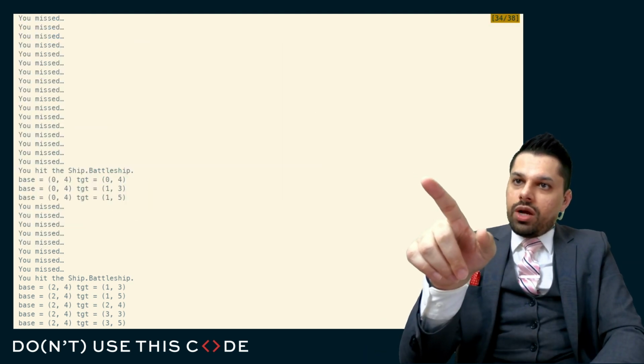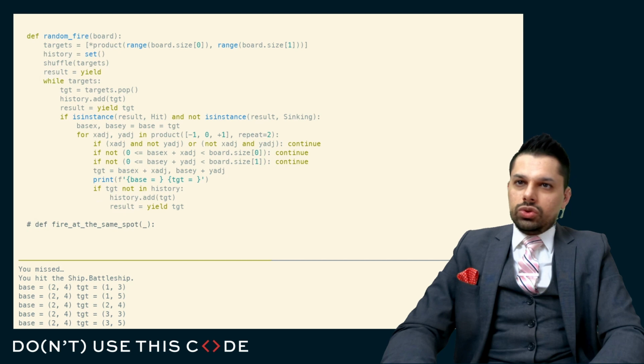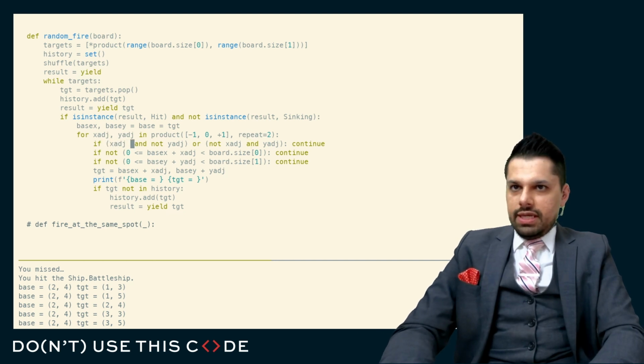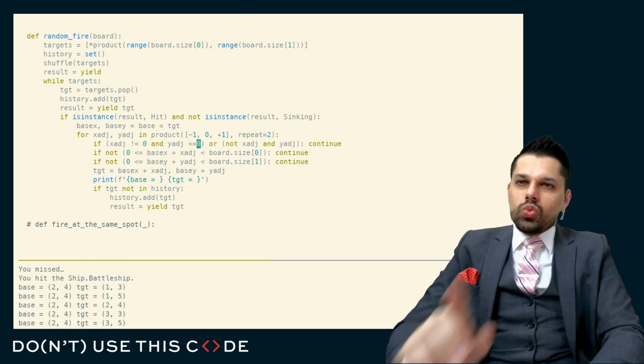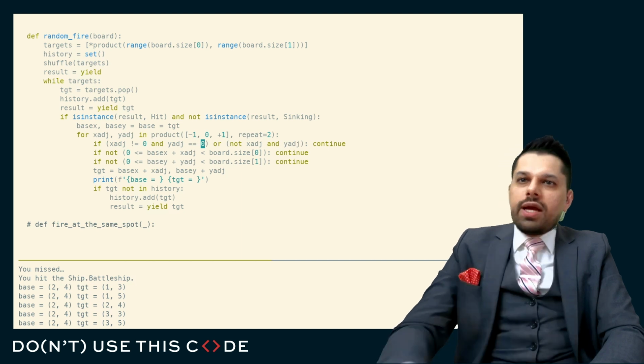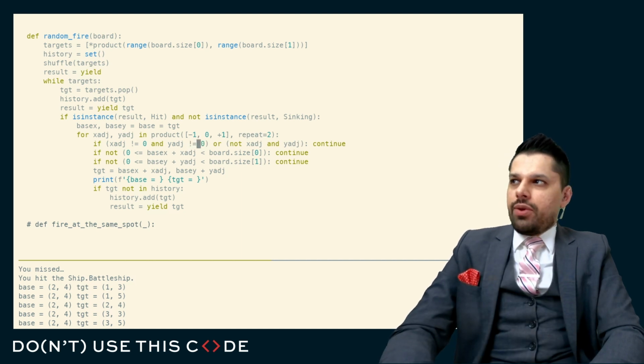So it went from 0, 0. And let's double check. Let's actually make this a little bit easier. If this thing is not equal to 0 and this thing is equal to 0, if they're both not equal to 0, then we're going on a diagonal, so that's not allowed.